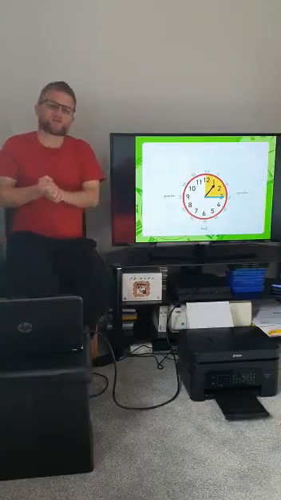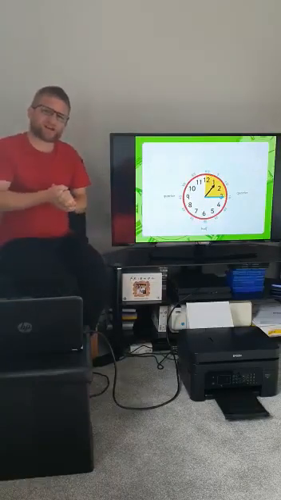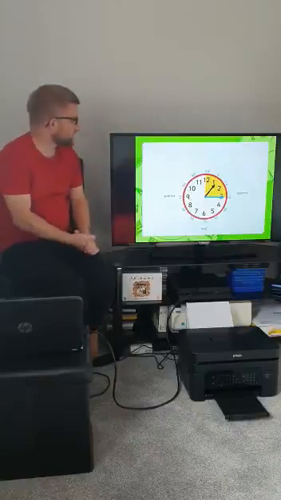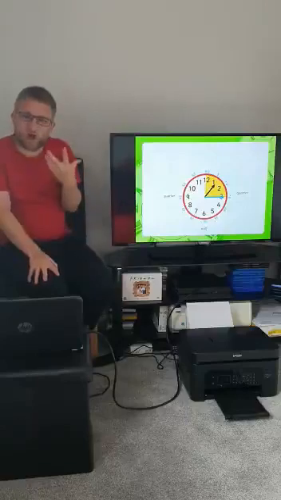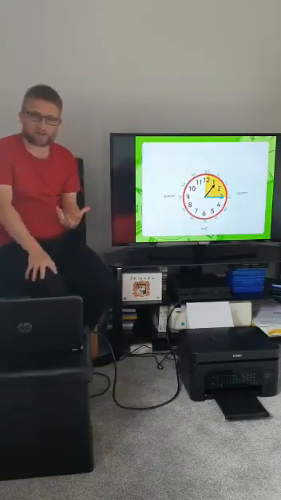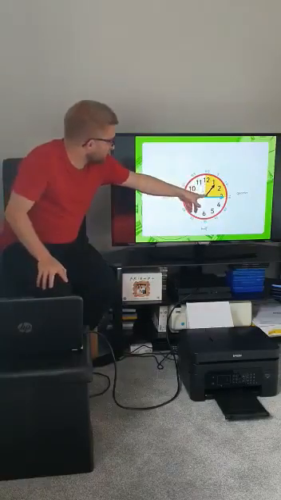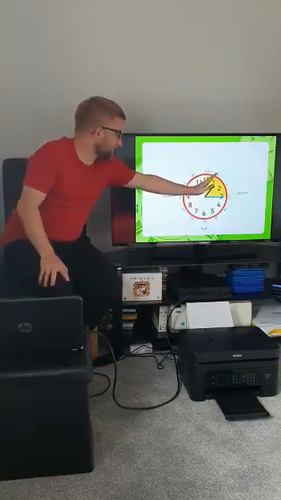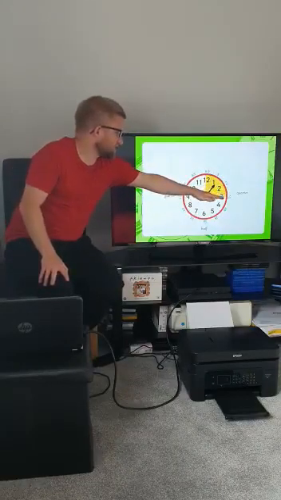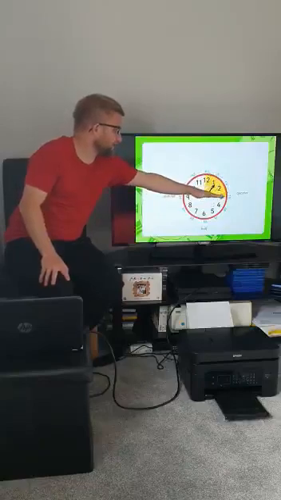Now this is where we get to some new stuff. This is where we get to quarter past and quarter to. Now you can see the area that's being shaded in, that is showing a quarter of the clock face. All right. Now if we look from here, our minute hand has gone from the 12 and it's gone to the 3. So it's gone 15 minutes.